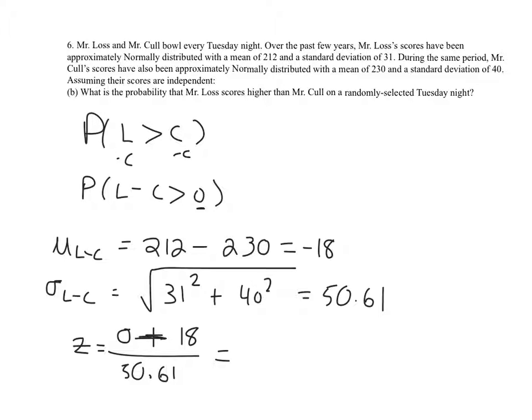I end up with a z-score of 0.36. Be careful, that's not your probability, that's our z-score. So I still need to find the probability that z is greater than 0.36. And after we look up our 0.36 as a z-score and do 1 minus the decimal we get, we end up with 0.3594 as our final answer.